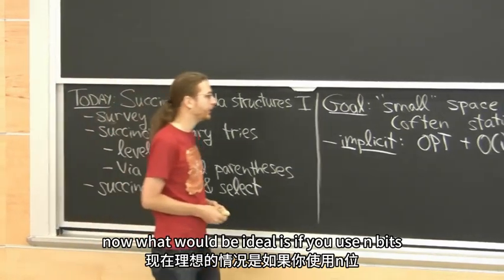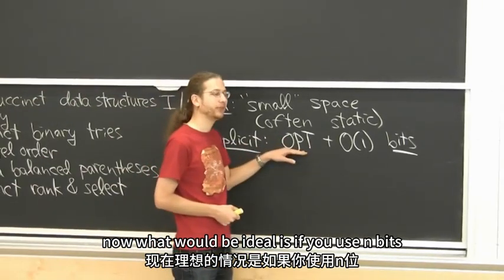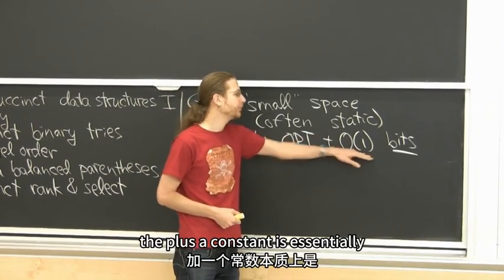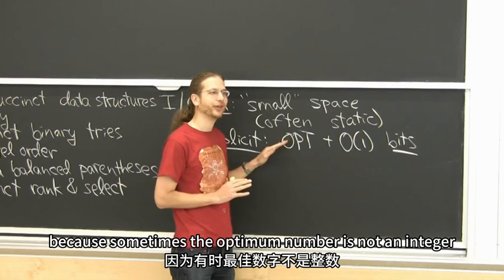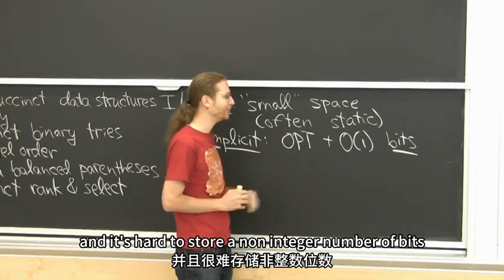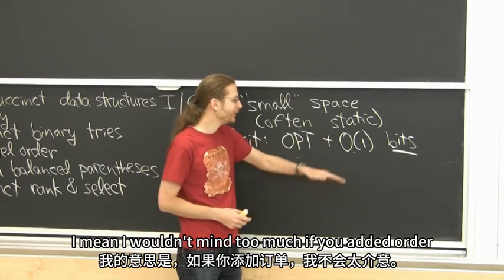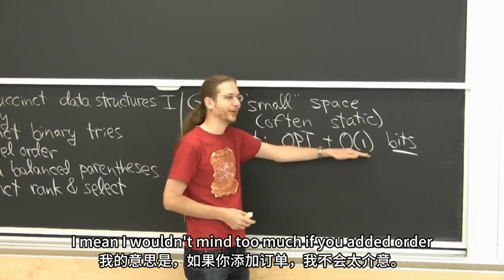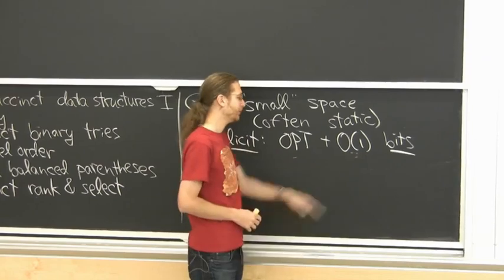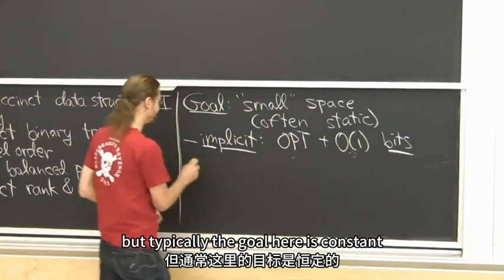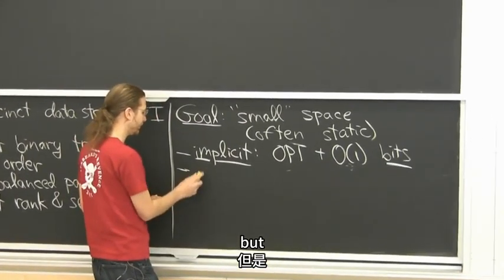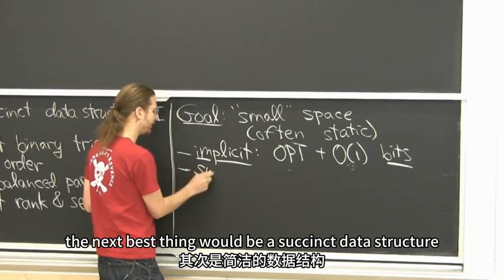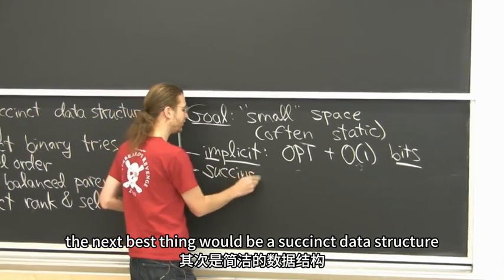Now, what would be ideal is if you use n bits plus a constant. The plus a constant is essentially because sometimes the optimum number is not an integer, and it's hard to store a non-integer number of bits, so you add a constant. I wouldn't mind too much if you added order log n bits or something, but typically the goal here is constant. Sometimes you can really get 0.